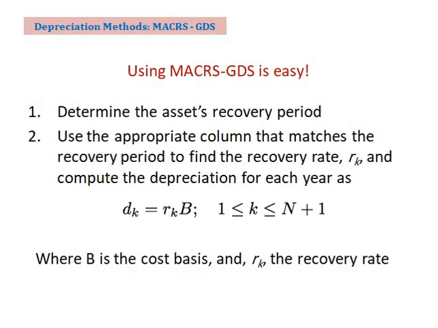Now, using this method is easy. First of all, we have to determine the asset's recovery period. They have classified the assets according to their recovery period. Let's say furniture has a recovery period of 20 years, or the asset may live for a period longer than that.